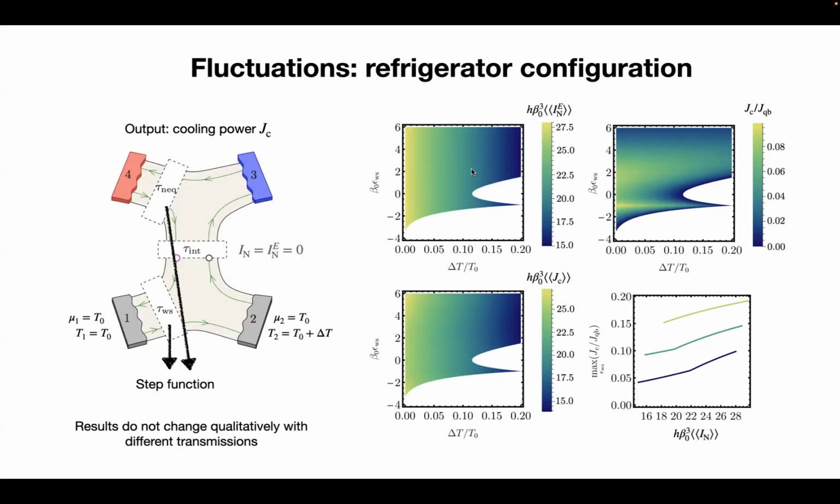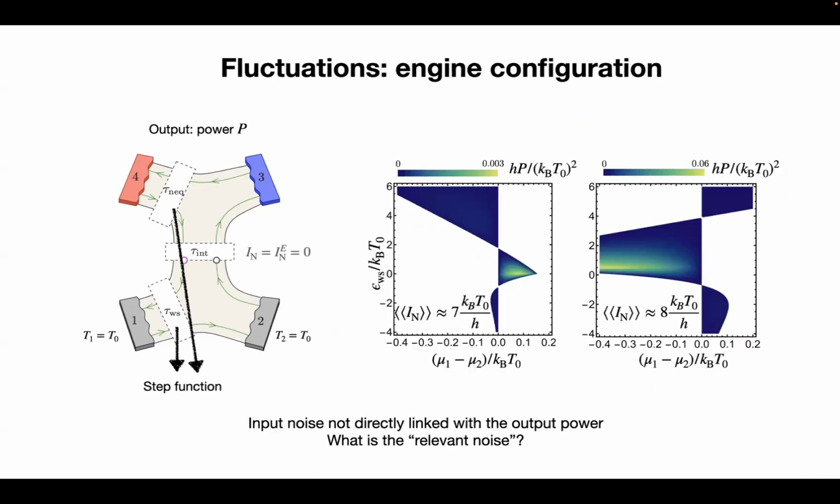And also, by looking at other configurations, for example, when you try to run the system as an engine, you can show that there are situations where basically the input noise is very weakly dependent on the system parameters, but still the output quantity can vary by a lot. So here, more than an order of magnitude.